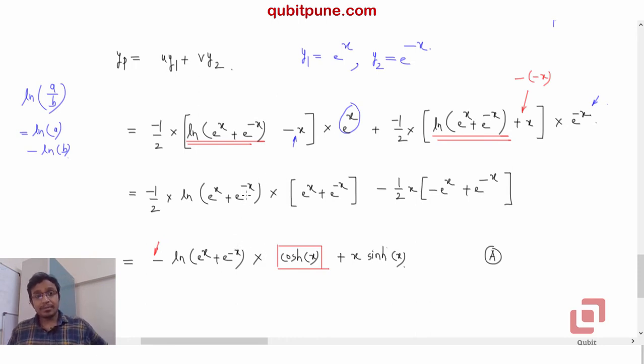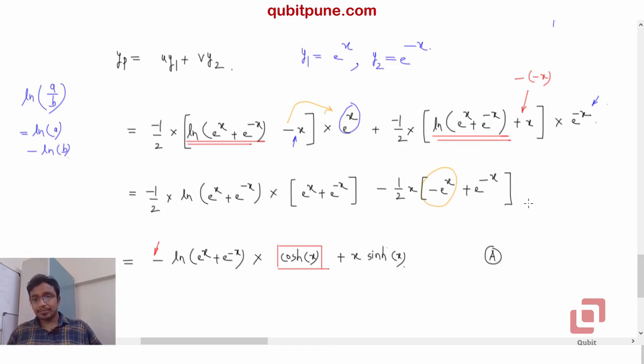Second thing, now we'll consider the remaining terms. Again negative 1 upon 2 is there, and now let us take negative 1 upon 2 into x common, so it will be accompanied by this negative sign and e to the power x is this. And from the second term there will only be e to the power negative x, because this is positive x and this is negative 1 upon 2, which we have already taken common, right?